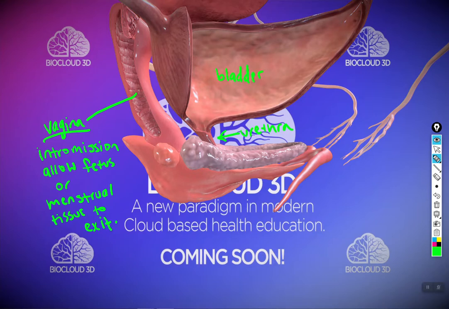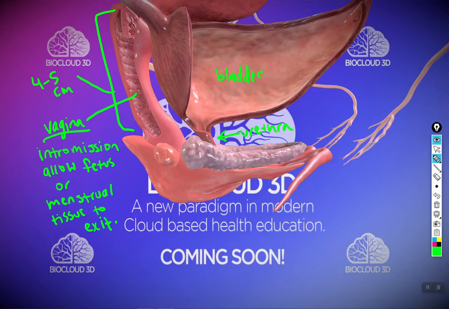So, interesting vagina facts. The vagina on average is only about 4 to 5 centimeters deep. So it's much shorter than many people believe, but it is extremely stretchy and elastic.